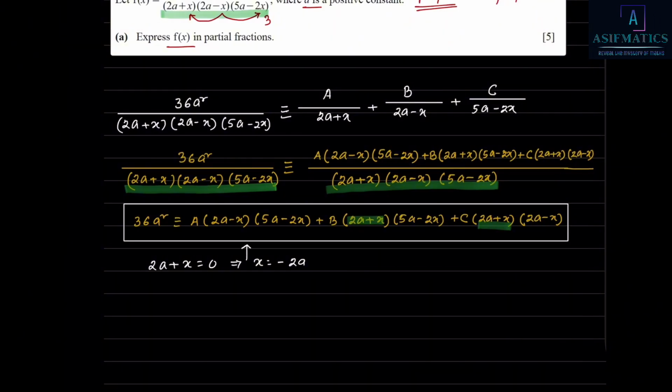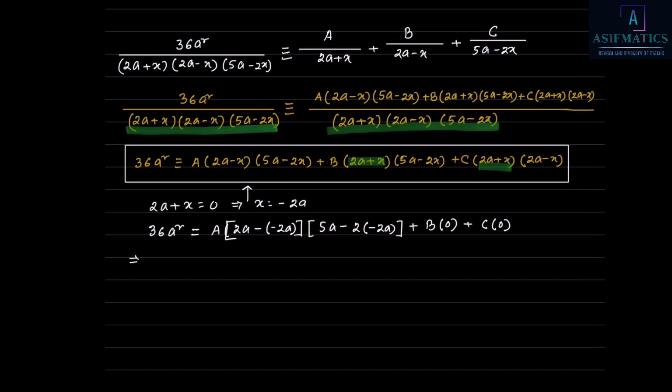So we can write 36a² equals A times (2a − (−2a))(5a − 2(−2a)), plus B into 0, because 2a + x is 0, plus C into 0.